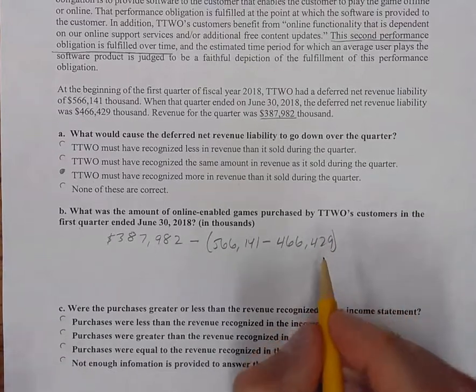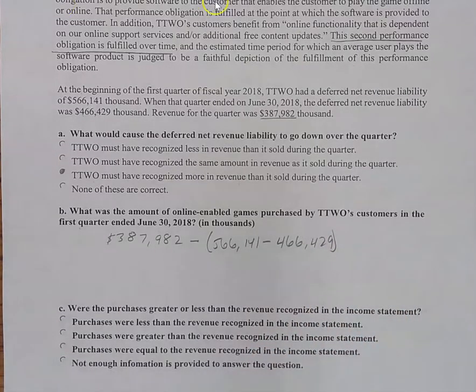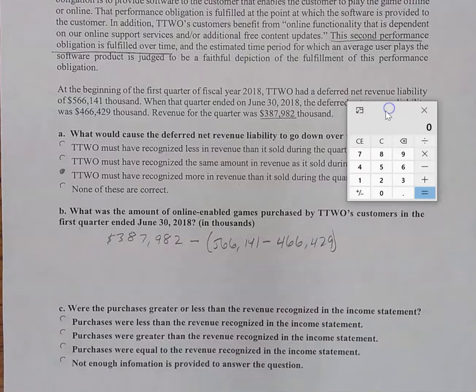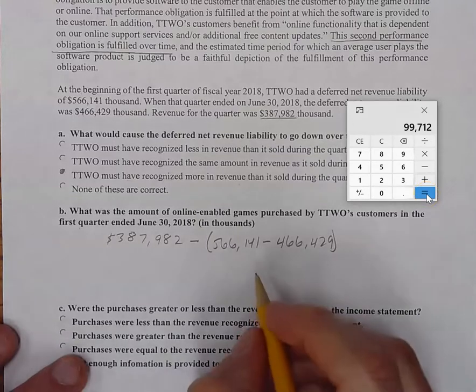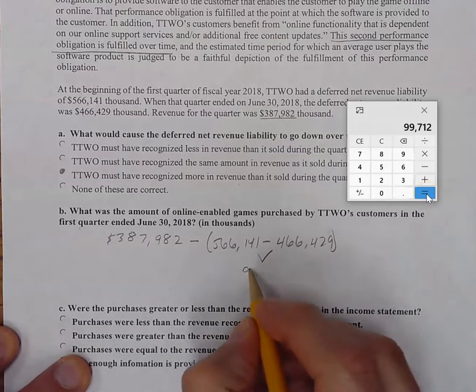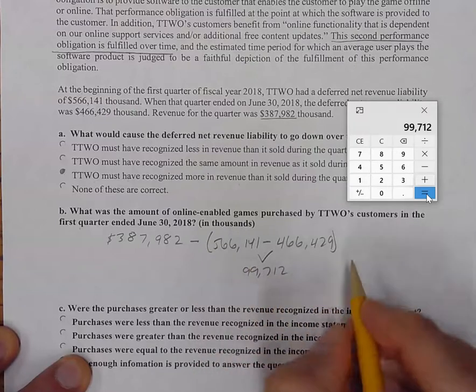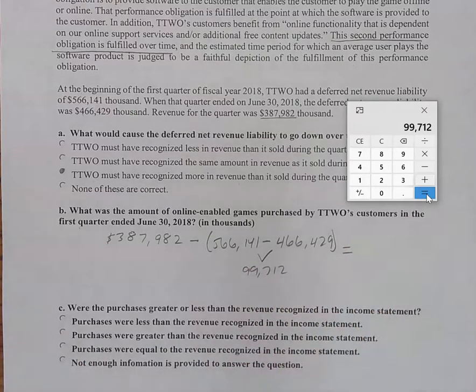So let's bring the calculator over here and get this figure here first. 566,141 minus 466,429 equals 99,712. And so now we've got it made, right?